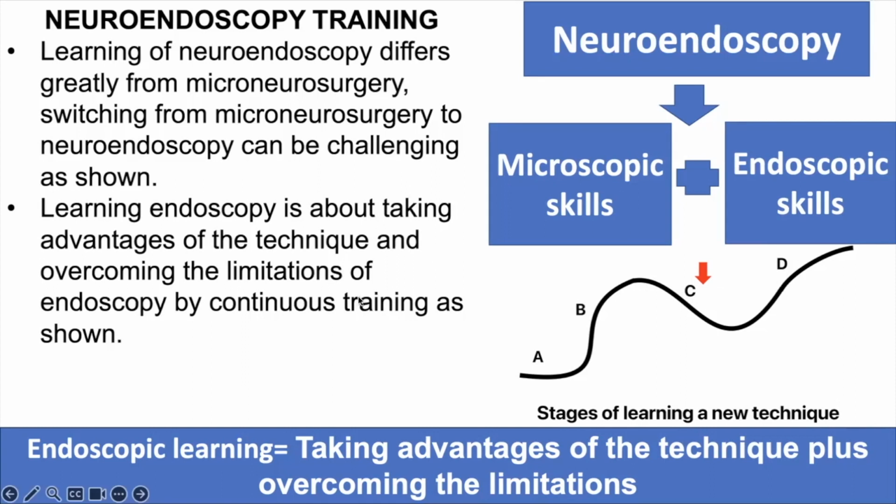So one should overcome the limitations of endoscopic surgery. I have added a curve D. That means you have to overcome the limitations of endoscopic surgery. So in short, the learning of endoscopy is equivalent to taking advantage of endoscopic technique plus overcoming the limitations of endoscopic technique.